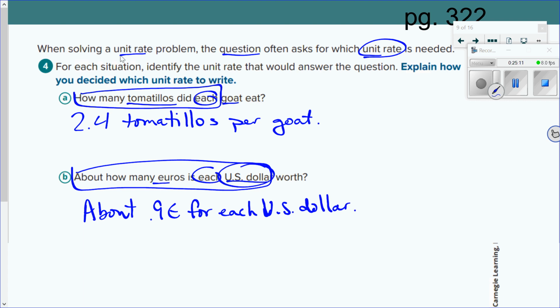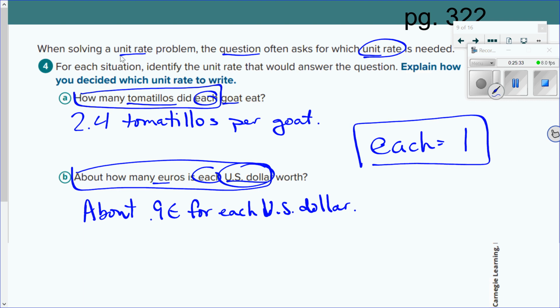So the question is going to tell you which one I'm turning to 1, whether it's the numerator or denominator. Look for what it's asking for the each of. That's going to be my 1. Okay? So a really easy way to think about it: each equals 1. If you understand your question, that should make these very easy for you to solve. So you don't have to do all the work for both of them. Focus in on the one that I need to get to 1. Everybody good on that page?